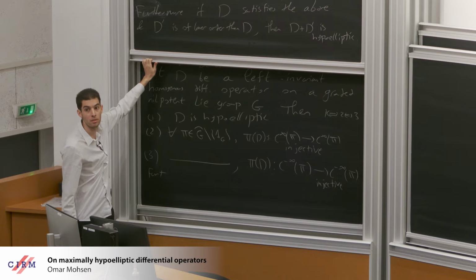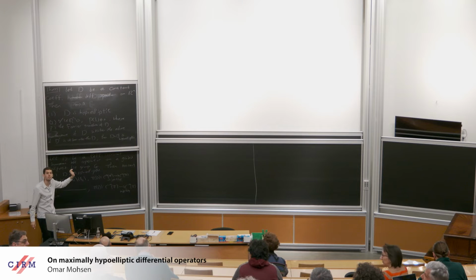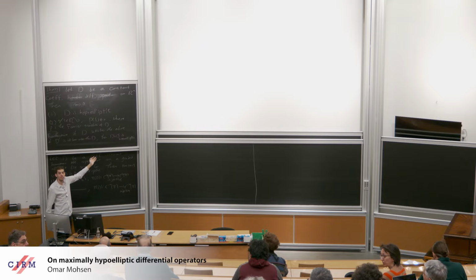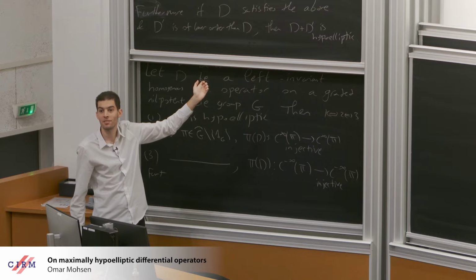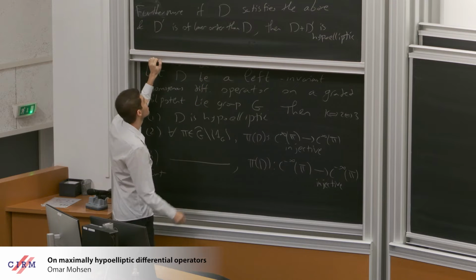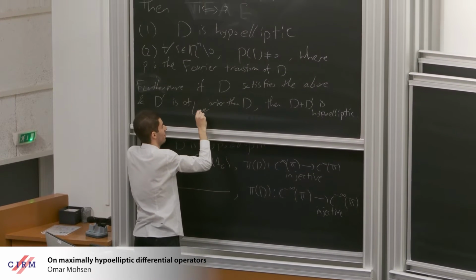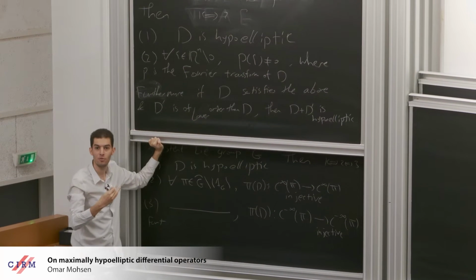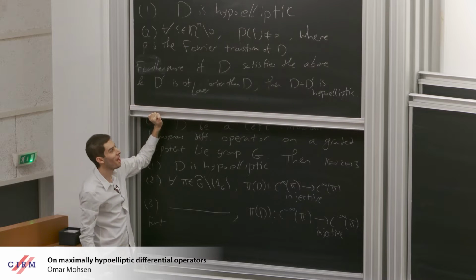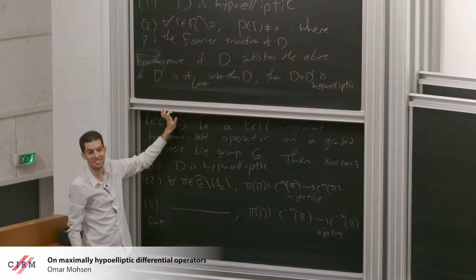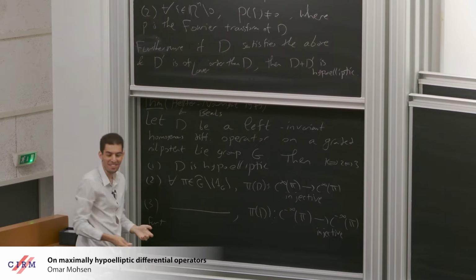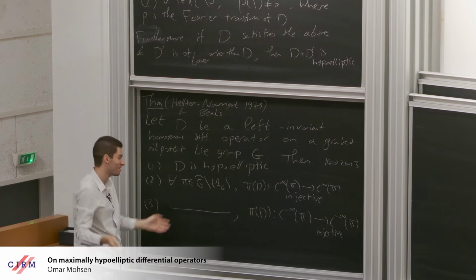The sum now is. It's an elliptic differential operator. Yeah, it's strictly lower, of course, because otherwise I could just take minus D. If it's not clear, my favorite example is 0.